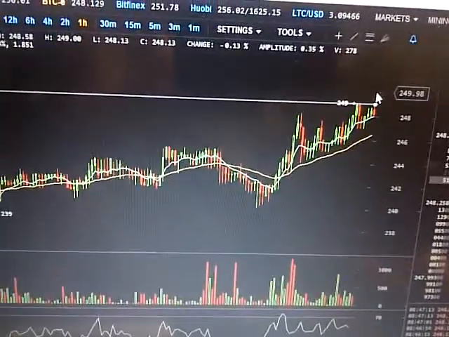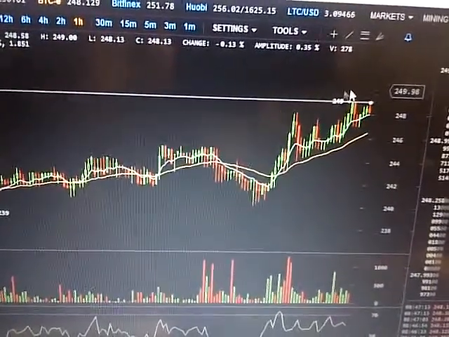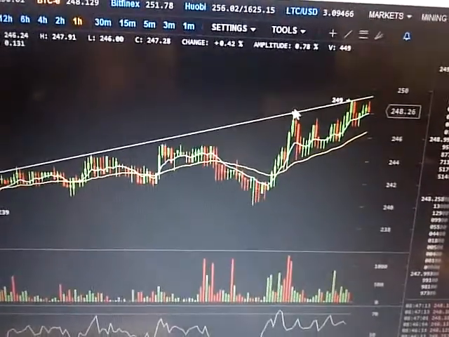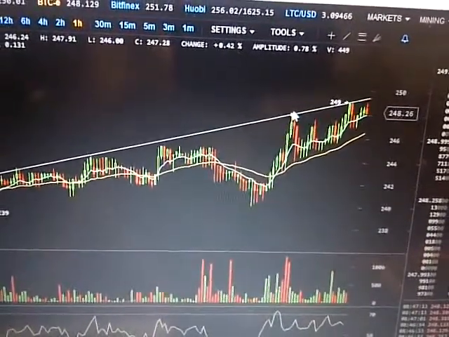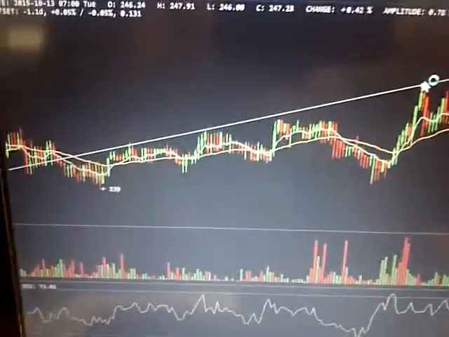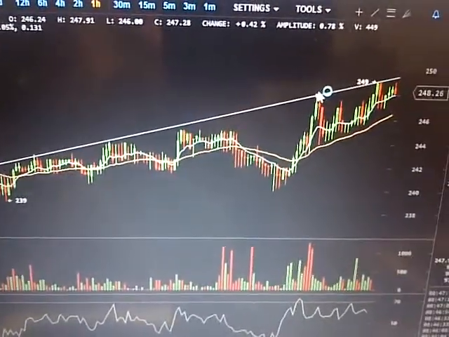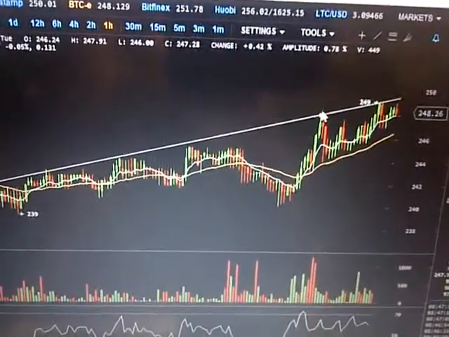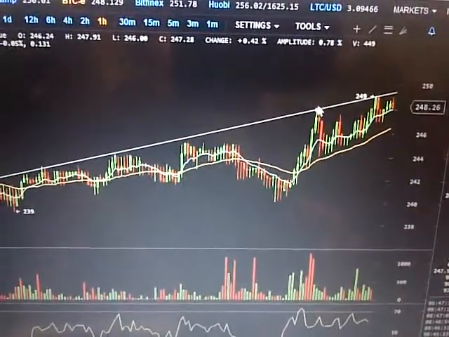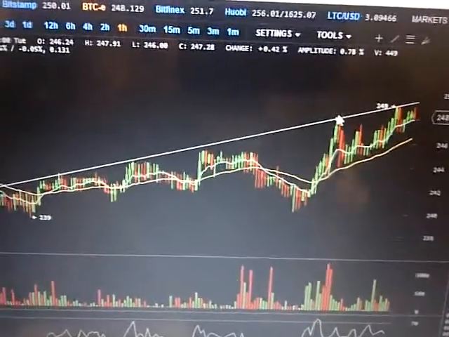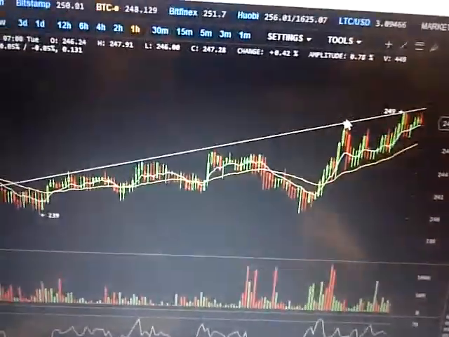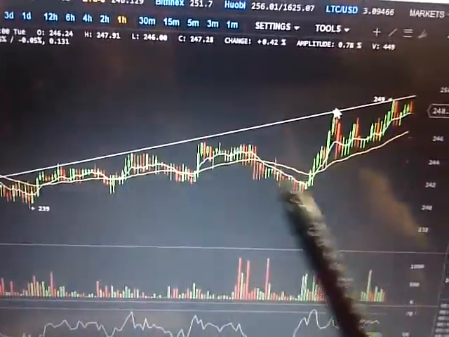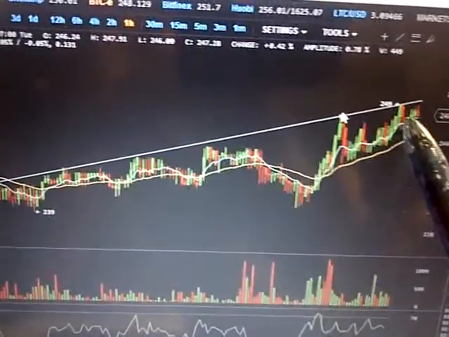So anyways, when you see things breaking up, like when your resistance line looks like this, which if you look at that, that's a pretty good channel line, I would say, a resistance channel line going up. As you can see that it's hitting here, here, here, and then here, and then here several times.